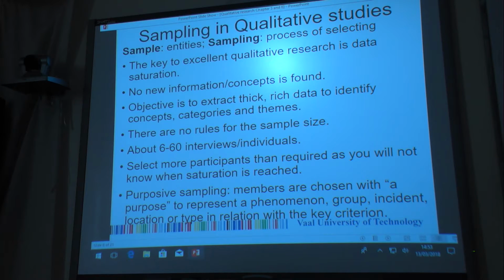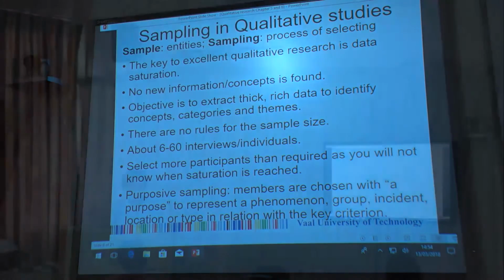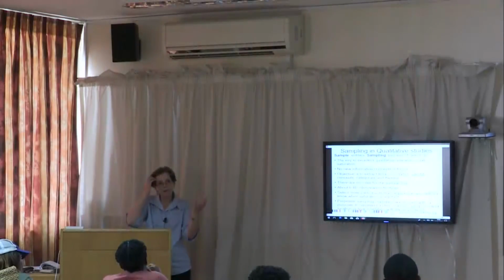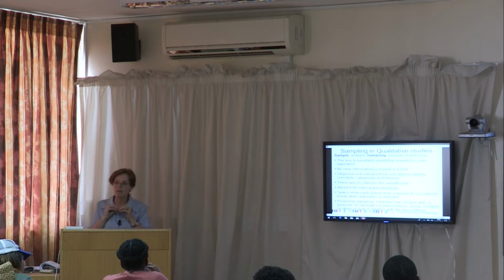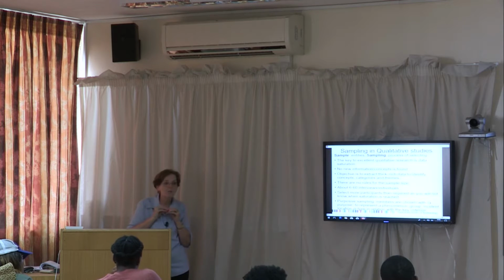Then we can use different sampling techniques. Okay. There are different ways to get to your sample. Now the first one is purposive sampling. Can you hear the core word? Purpose. We select to include these people in our study because they serve a particular purpose.